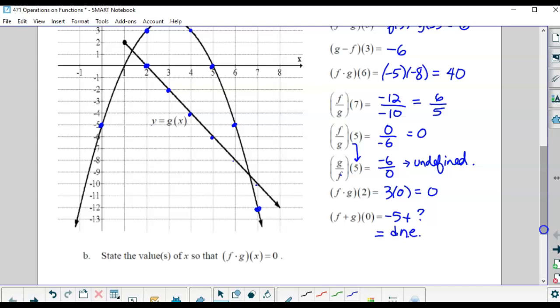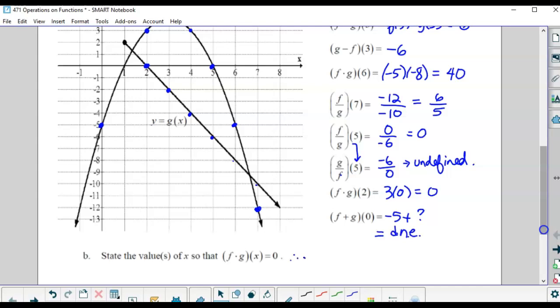So that is basically function notation, all the individual parts. You've done all of that before in Math 10. Now we're just putting it together with the operations. Then state the value or values of x so that the multiplication of f and g equals 0. So think about the zero product property.